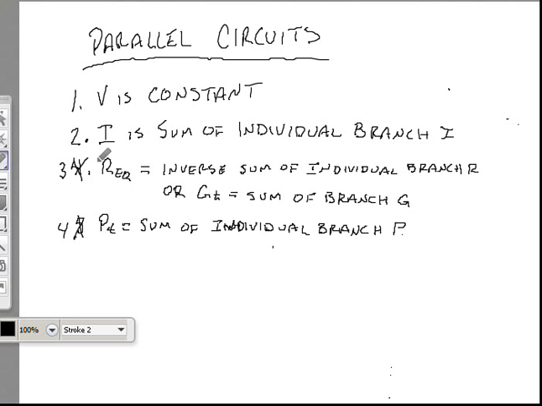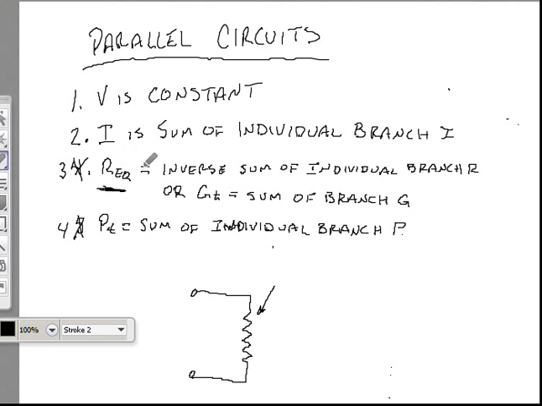The equivalent resistance. Don't forget, when we're working on parallel circuits, our objective is to reduce it down to the simplest form, as if it was a single series resistor. Which is why this is called resistance equivalence instead of total resistance, because it is the equivalent of a single resistor across your power source.